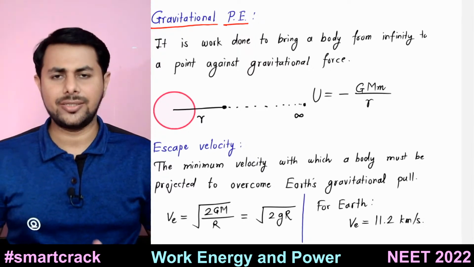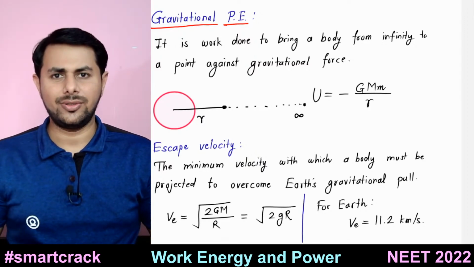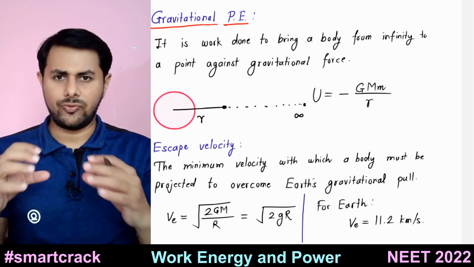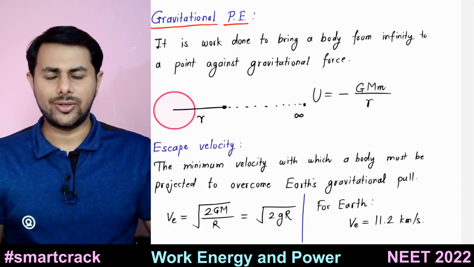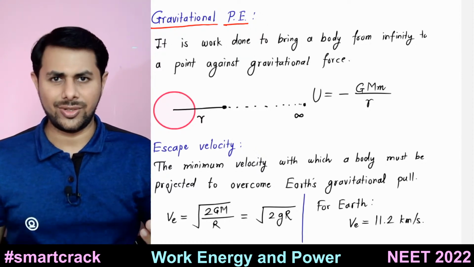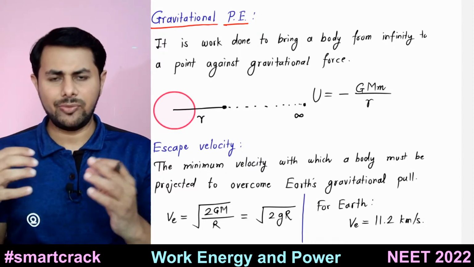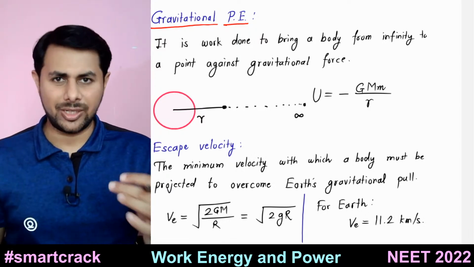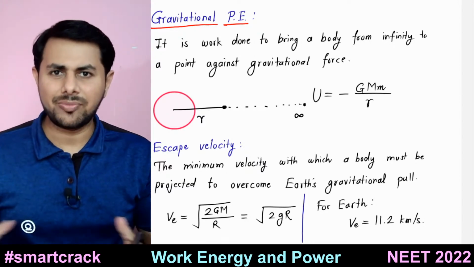After that, the next term is escape velocity. So what is escape velocity? Let's suppose we have some object on Earth. The velocity which should be given to that object so that it escapes out of Earth's gravitational influence is known as the escape velocity. It is bound with Earth, that means its energy is negative, so we provide some positive energy to it in terms of kinetic energy.